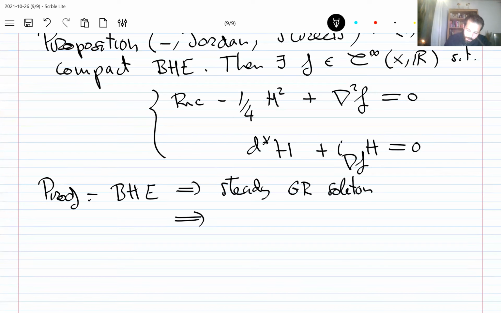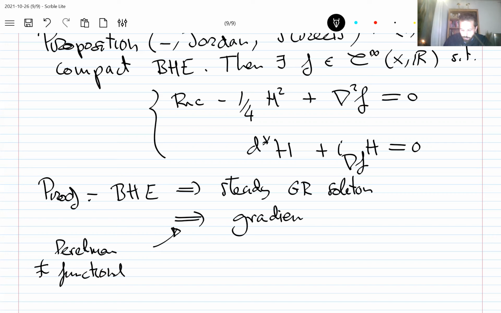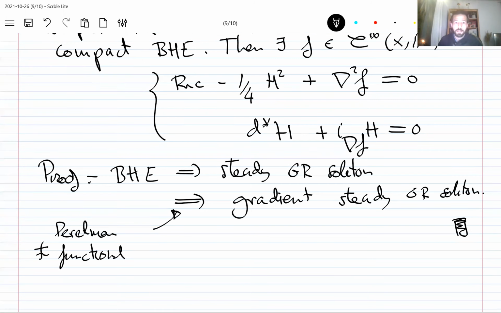And now using the Perelman F functional with the three-form, etc., this has to be gradient, plus the fact that we're on a compact manifold.